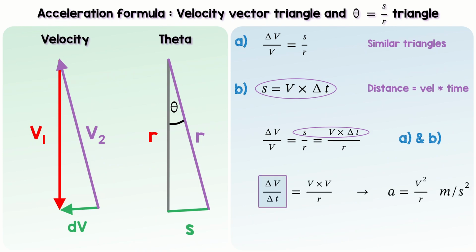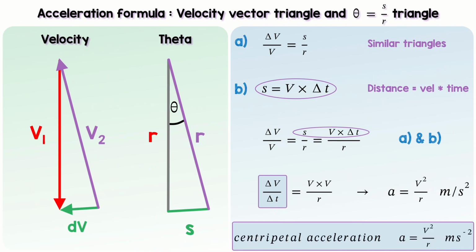And then with a bit of rearranging, that gives us dv over dt equals v squared over r. But dv over dt is the rate of change of velocity, and that is acceleration. So the centripetal acceleration, a, is v squared over r in meters per second squared. So that's where that comes from.